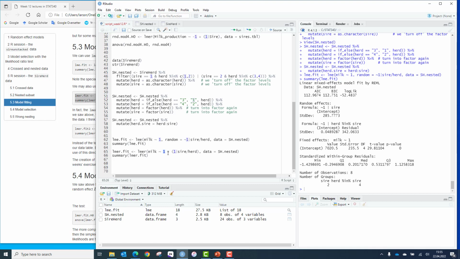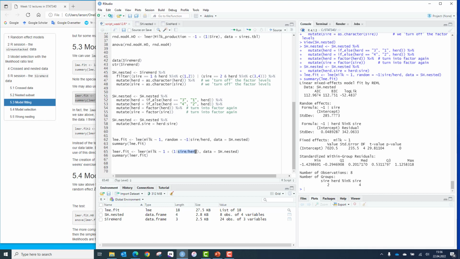And remember, the difference is that you don't specify random equals. You just add the random effects to the formula as you would any fixed effect also. But you indicate it's a random effect in this way. First a parenthesis, then the name of the fixed effect that you want to sort of modify, you could say, or by this random effect, and that's the intercept.